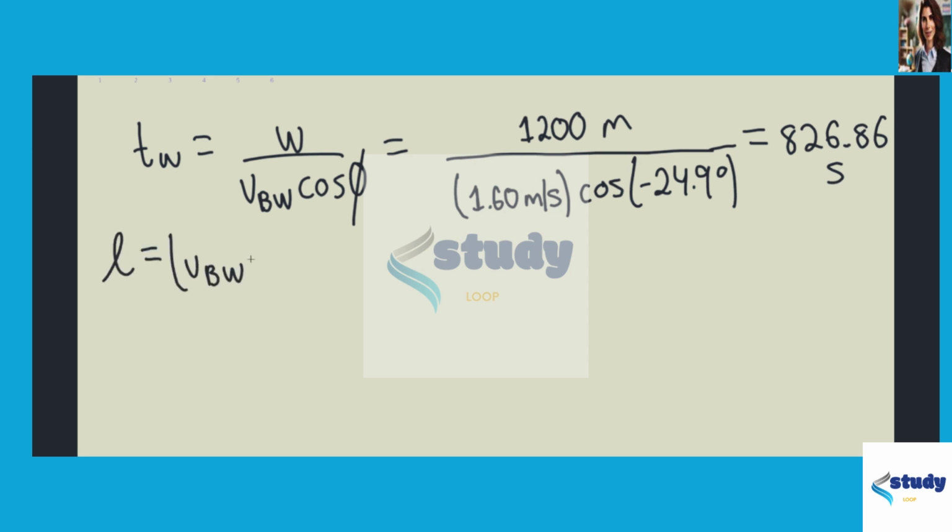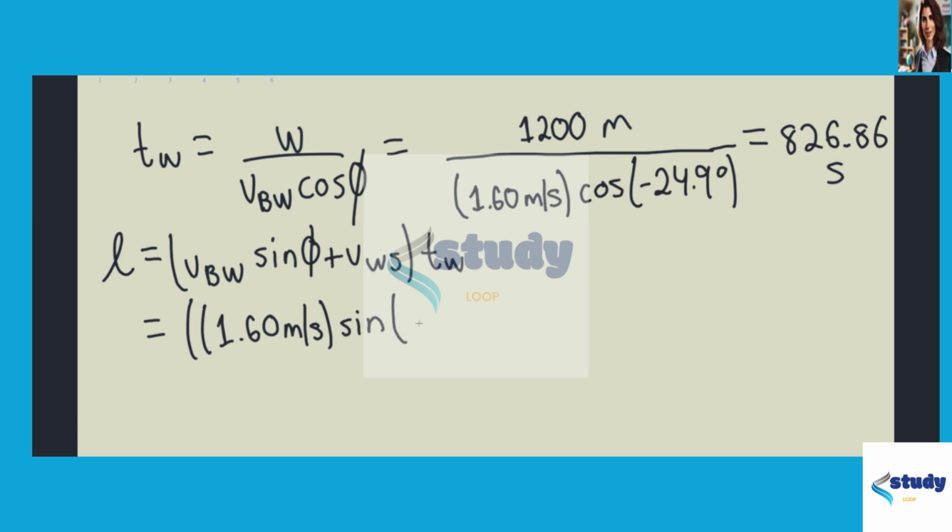And we can say that L would then be equal to the velocity of the boat relative to the water times sine of phi plus the velocity of the water relative to the shore times T_W. This would be equal to 1.60 meters per second multiplied by sine of negative 24.9 degrees.